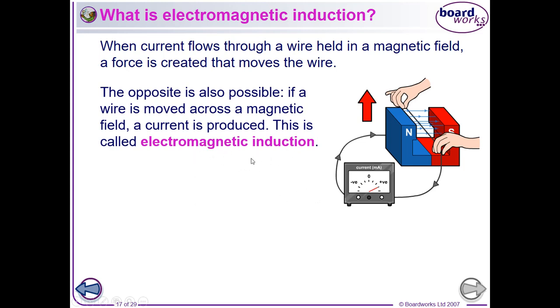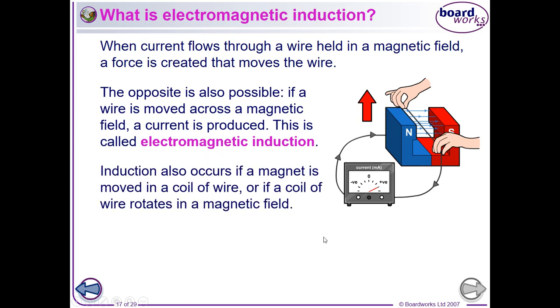The real physics term, to be sexy, is electromagnetic induction. Induction also occurs if the magnet is moved in a coil of wire. But then again, what's happening is the field of the magnet is moving and the coil is stationary, which is the same thing as the wire moving and the field being stationary.